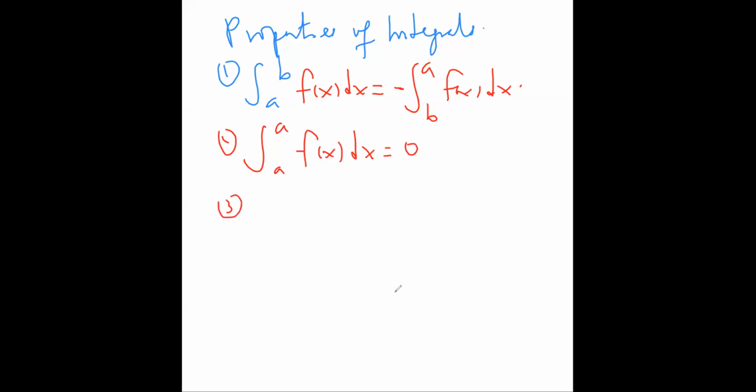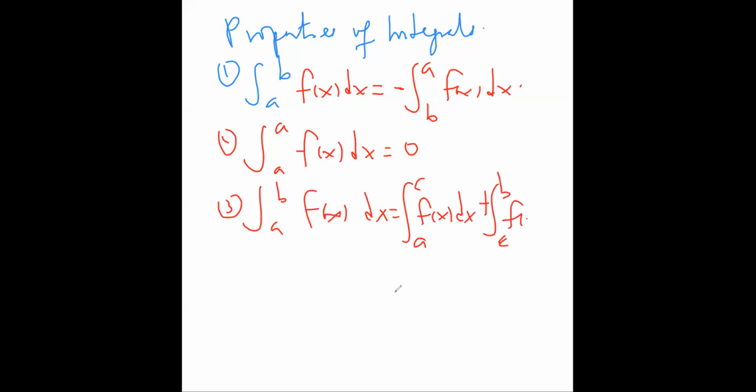And three, which is one of the properties we have used, you can call it the integral splitting: the integral from a to b of f of x dx can be split into a to c of f of x dx plus c to b of f of x dx as well.